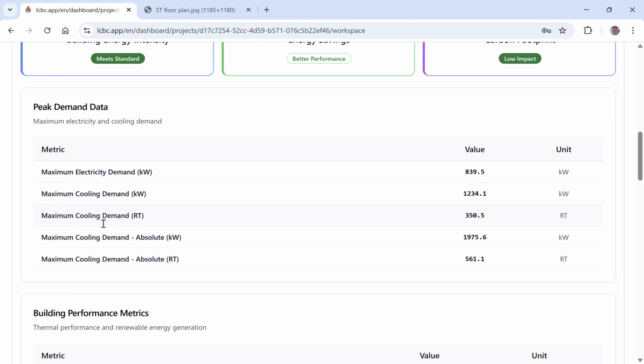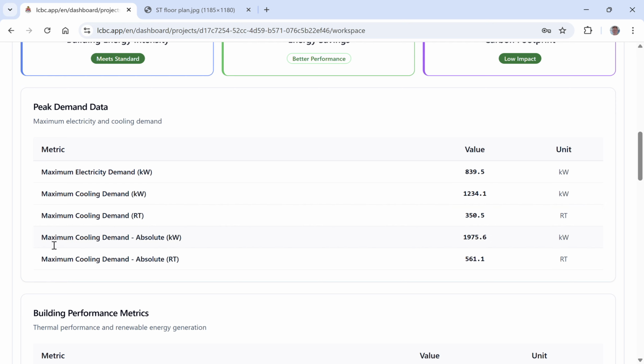For the cooling system, we also get these data out from the annual energy simulation, and we can see that the maximum draw is about 350 ton. So this again would be helpful for the mechanical engineers to size up the cooling system, so we avoid any major oversizing.